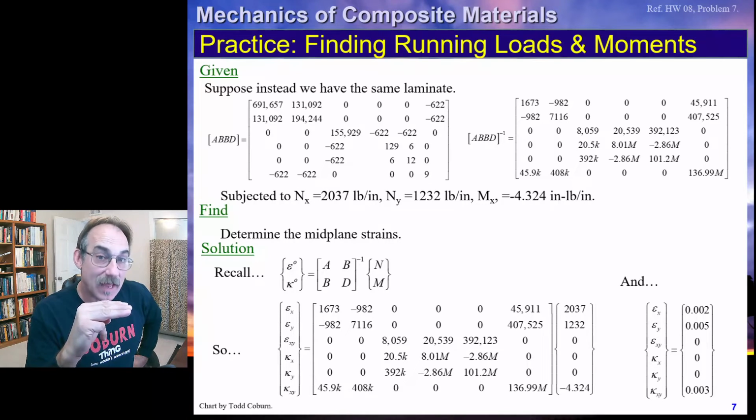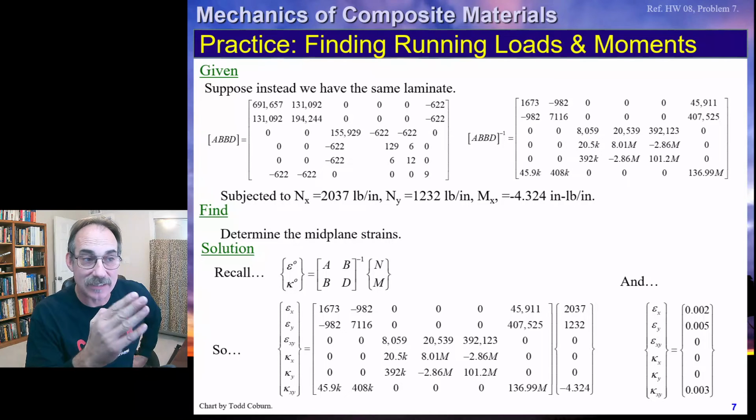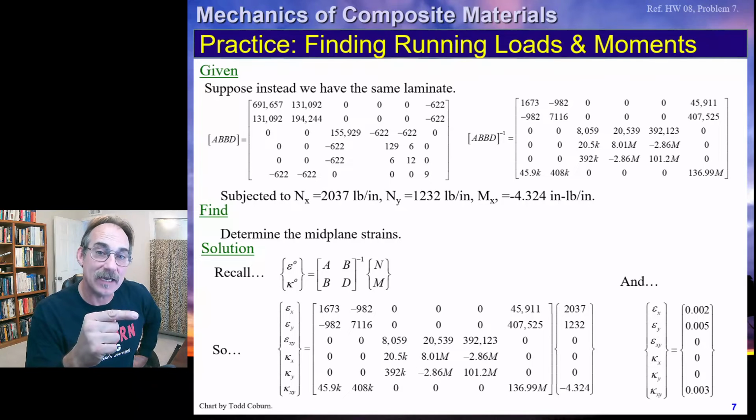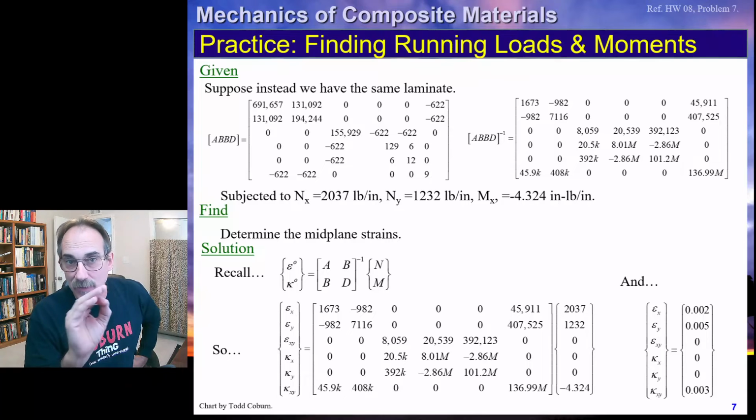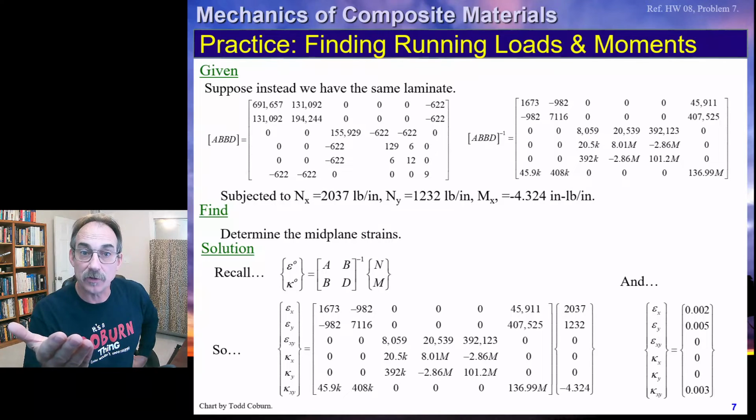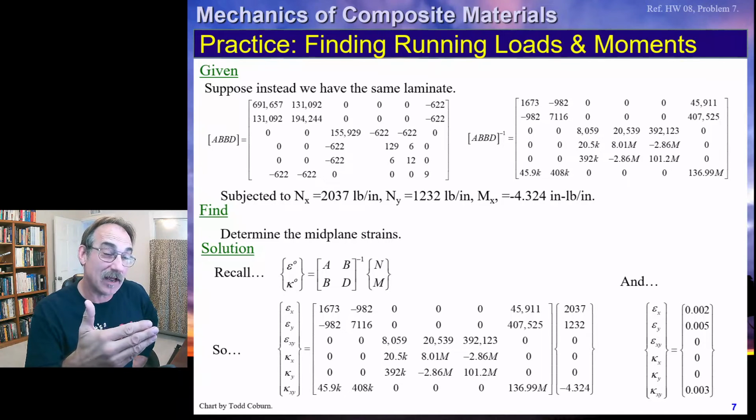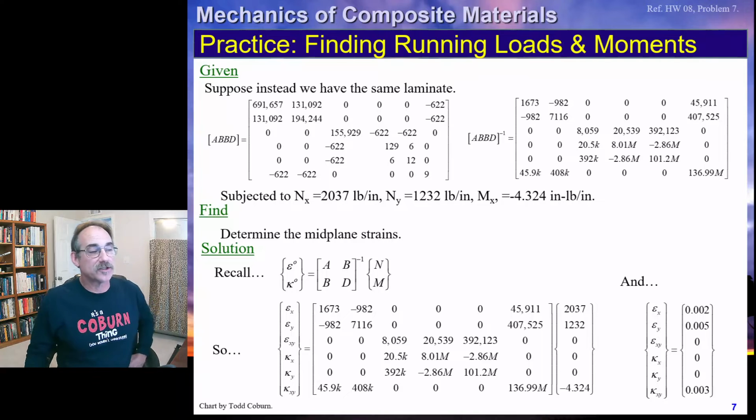In order to do that, we're first going to need to calculate these midplane strains and curvatures, and then we'll use those to calculate the strains in each lamina, and from those strains we can calculate the stresses in those lamina, and then we can transform those into material principal directions, which is generally where we have our allowables. Let's see how that works.